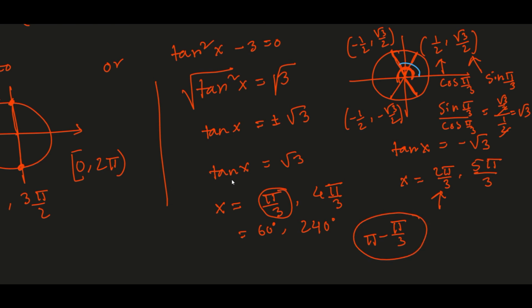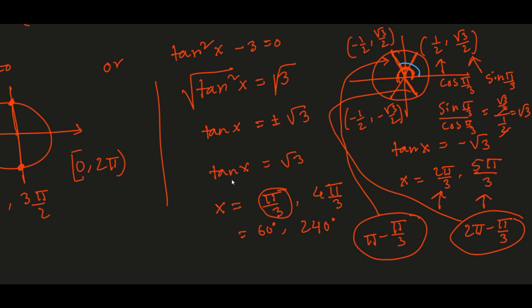This is how we get this in the second quadrant. To get this 5 pi over 3, we subtract pi over 3 from 2 pi, 2 pi minus pi over 3. This results in the angle in the fourth quadrant.